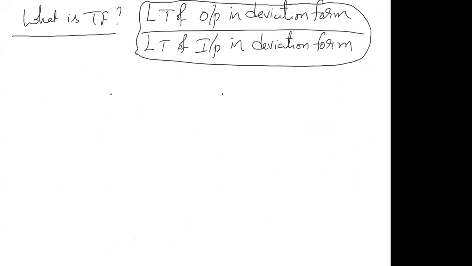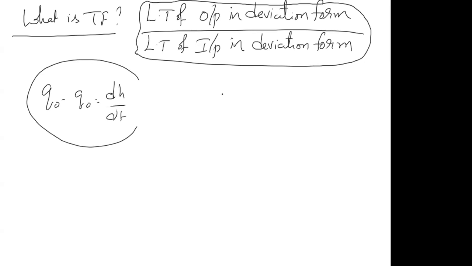So I'll tell you what tau and Kp are. Basically, what is a transfer function? The Laplace transform of output in deviation form. The dynamic model is Q naught minus Q equal to dH by dt.